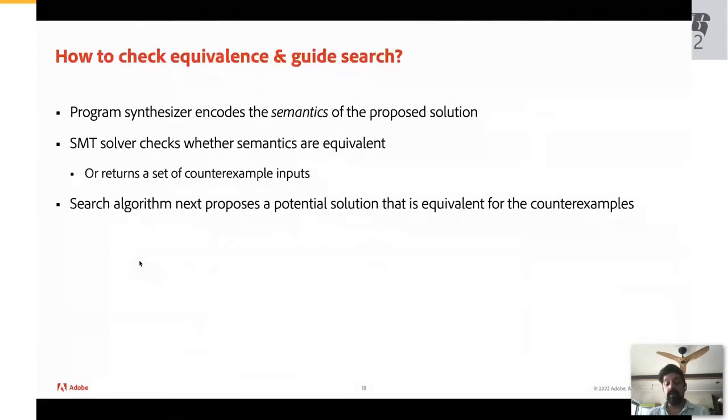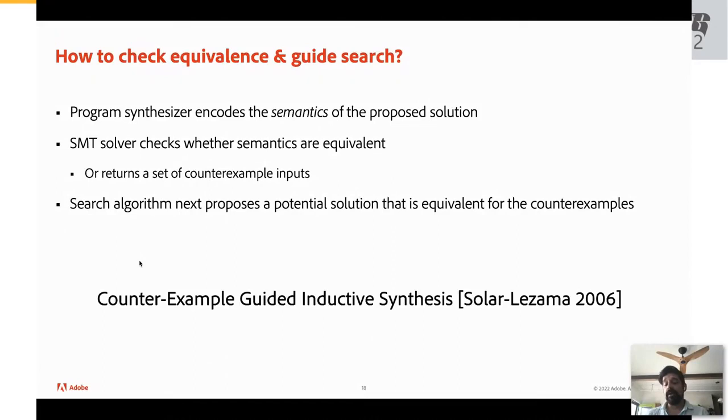The search algorithm takes into account all of the counterexample inputs seen so far and tries to construct a solution that applies just for those counterexample inputs. And in doing so, we create this cycle. We create a proposed program, then the equivalence checker gives us some counterexamples.